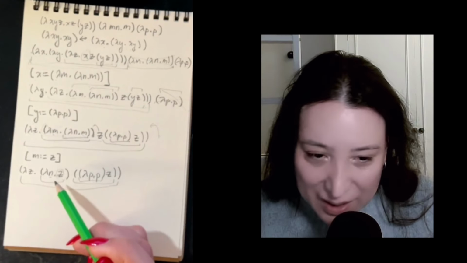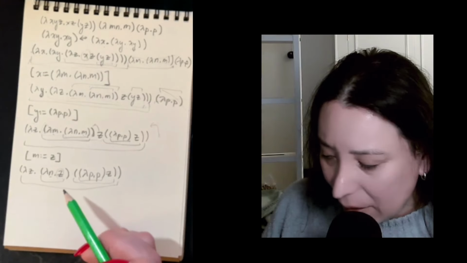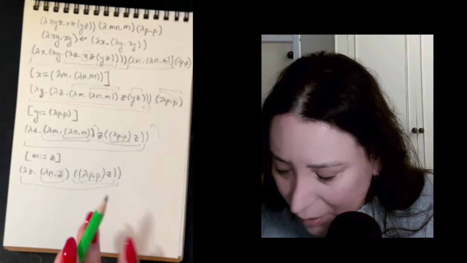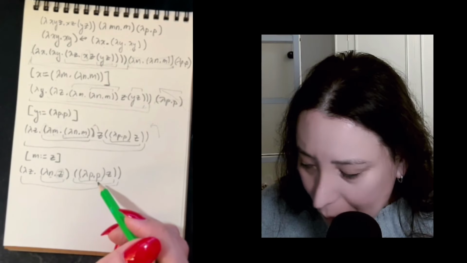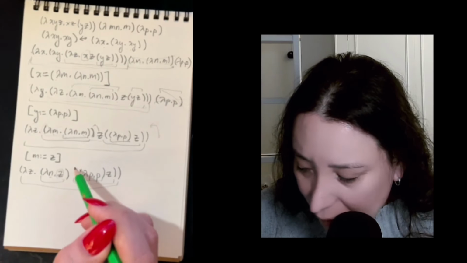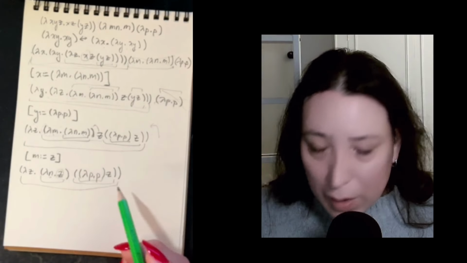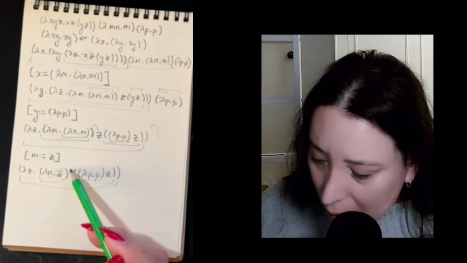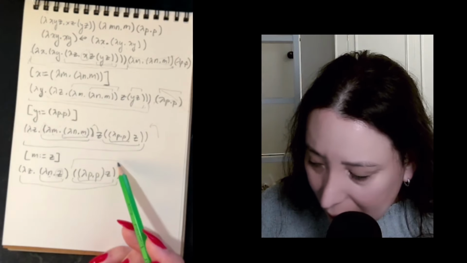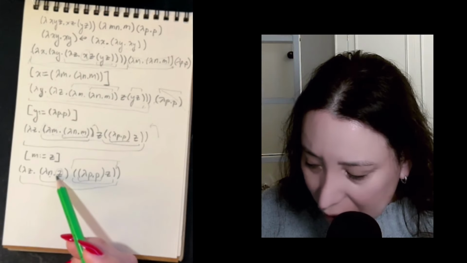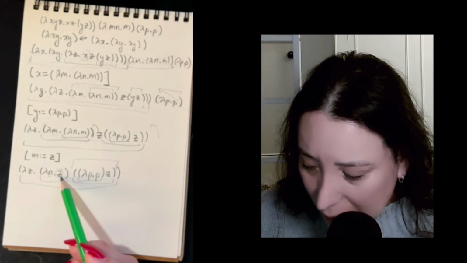So it's basically going to come back no matter what. It's like a constant, sort of. So if we think of this here as the argument to this function, we know it's always going to return z.